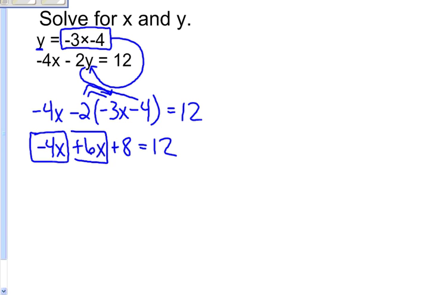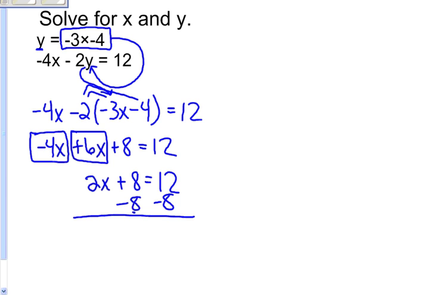So we'll combine negative 4x and 6x to get 2x plus 8 is equal to 12. We can then get x by itself by subtracting 8 from both sides. Those cancel, and we have 2x is equal to 4. Divide by 2, and x is equal to 2.